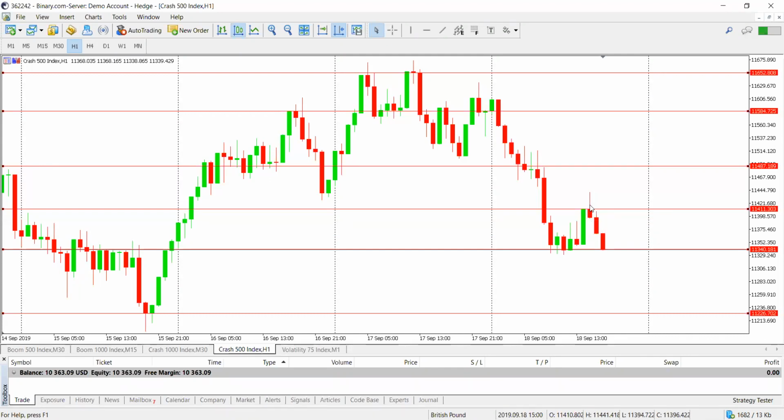For instance, let's take the case of this pin bar here. I'll call it pin bar for the sake of being relevant. We know they've got special names. This pin bar here closed below the resistance.